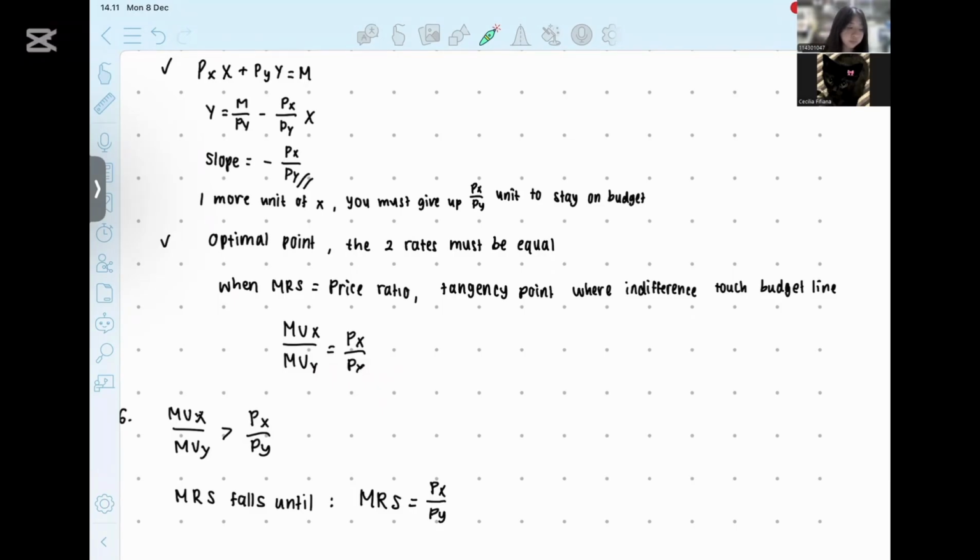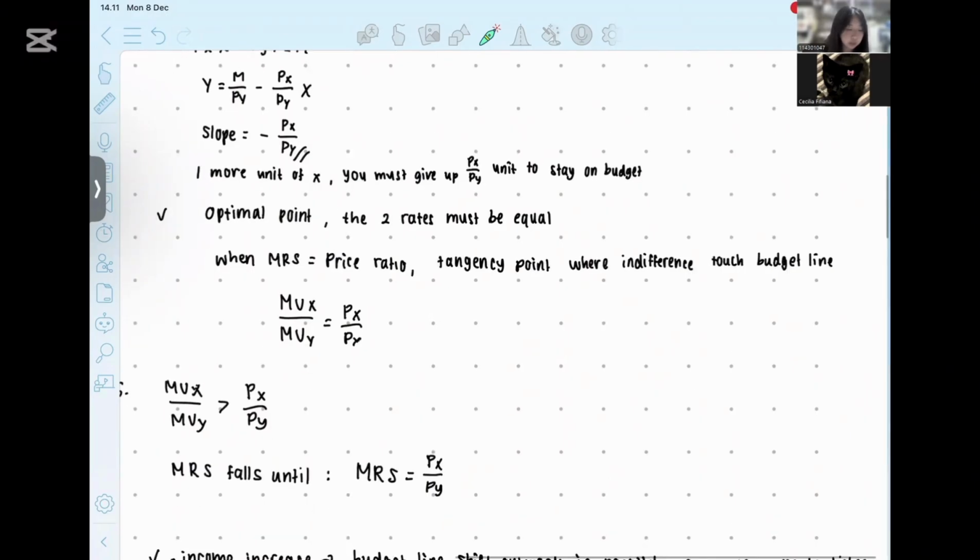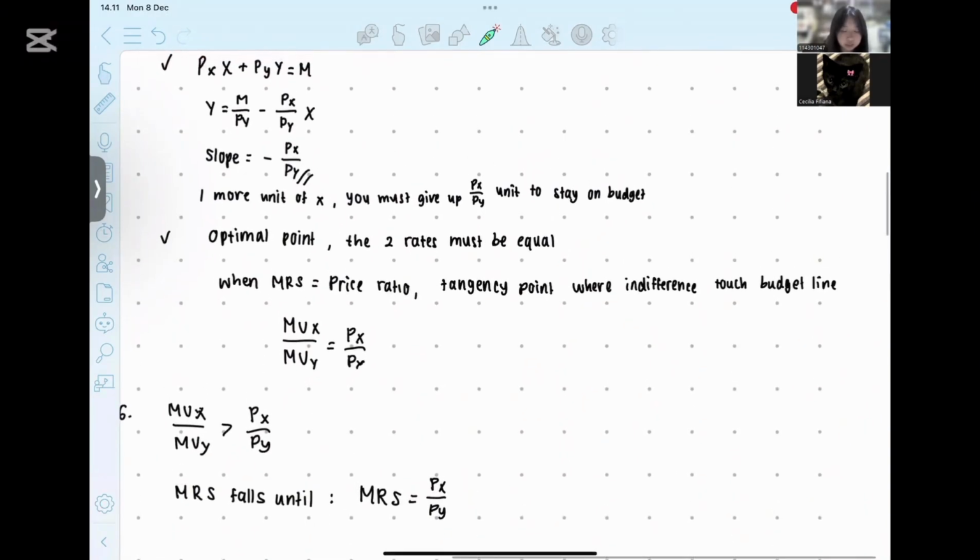So like, how can you trade x for y? And at the optimal point, these two rates must be equal. Only when MRS equals the price ratio can you not make yourself better off by trading further. This is the tangency point where the indifference curve touches the budget line, like that.